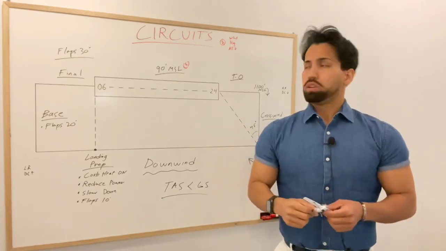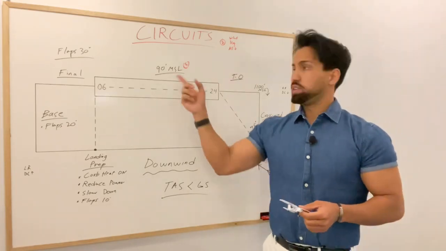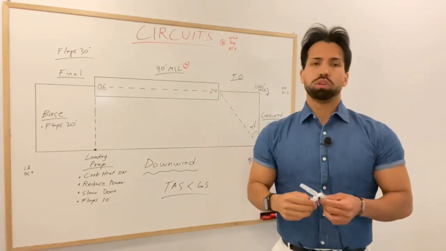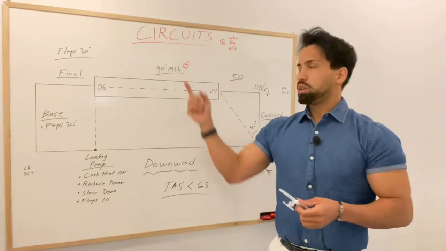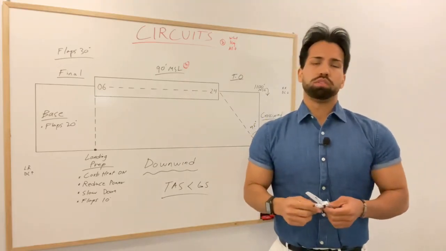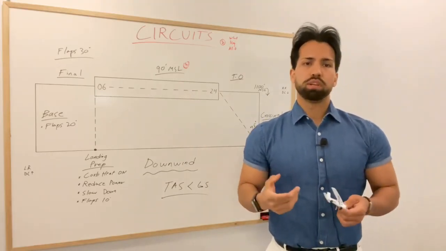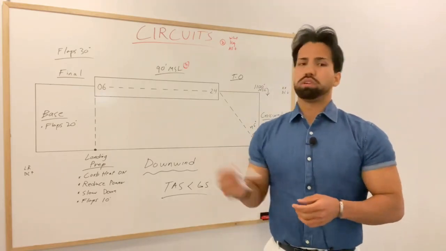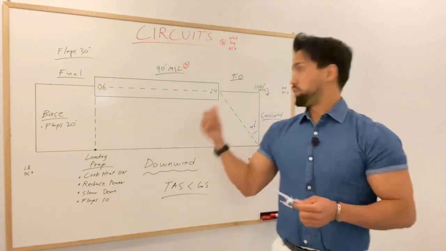Okay, so 1000 plus 90 becomes 1090. Now because 90 is so close to 100, we just round that off to the next 100-foot increment, okay? So 1090 becomes 1100 feet MSL, and that's going to be your altitude for the circuit, okay?